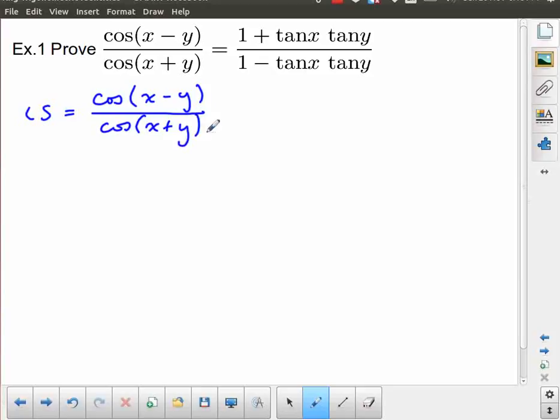And I cannot stress this enough. You must work the two sides independently of each other. You can't keep this equation intact. One of the reasons is that you might start getting tempted to do things like cross multiply, multiplying both left side and right side by the same terms.